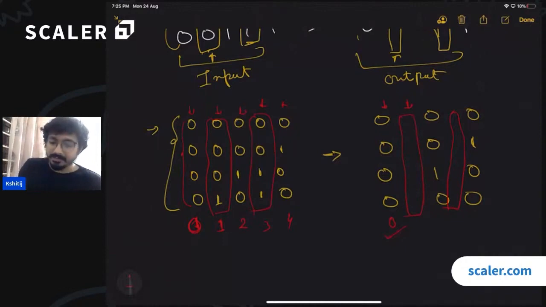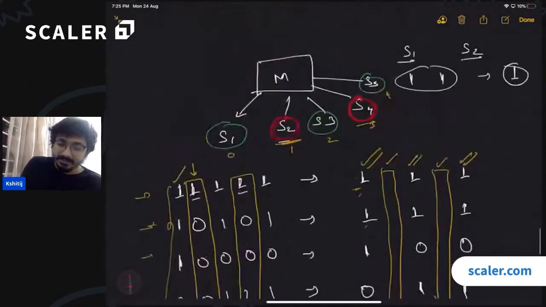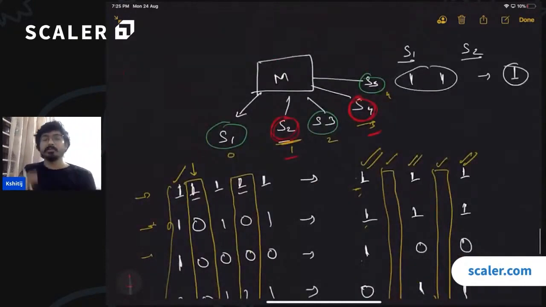So I have 0 here, I have 2 here. This column is representing 2. I don't have 1 here, right? I don't have 3 here. I then have 4. So now I can say that the slave which is numbered as 1 and the slave which is numbered as 3, the 1 and 3, they both are faulty. Does this make sense to everyone?